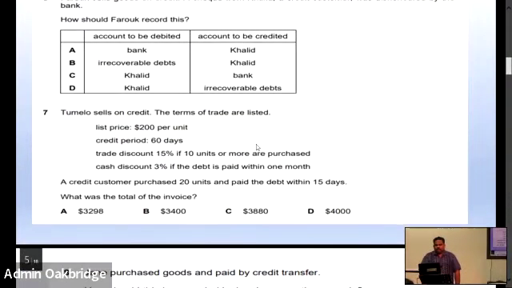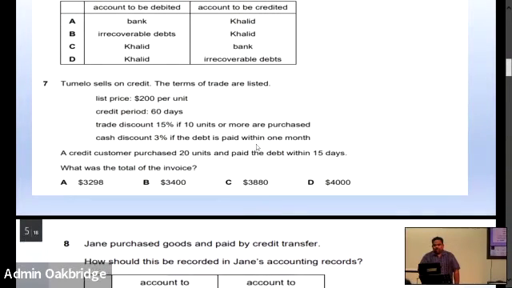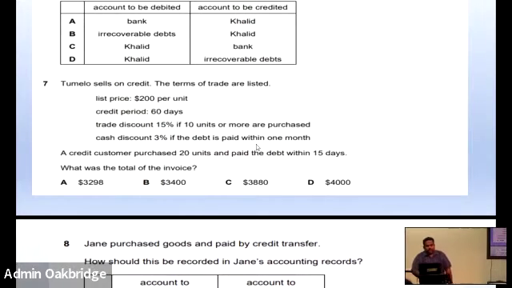Tumelo sells on credit. The terms of trade are listed. List price 200 per unit. Credit period 60 days. Trade discount 15% if 10 units or more are purchased.